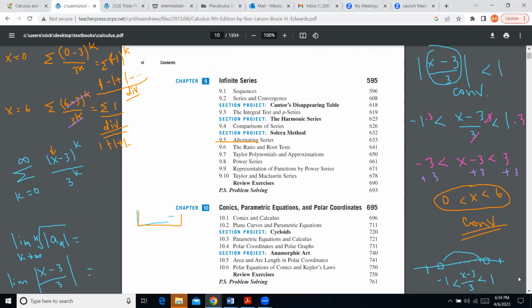So it looks like we are to cover the power series, and then the first 5 sections including alternating series. So don't do 6, 7, 9, and 10. And then we're gonna look at 10.1 and then 3 and 4.